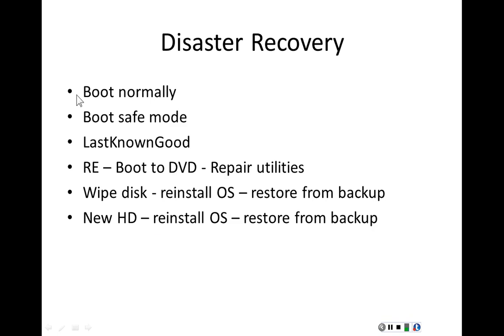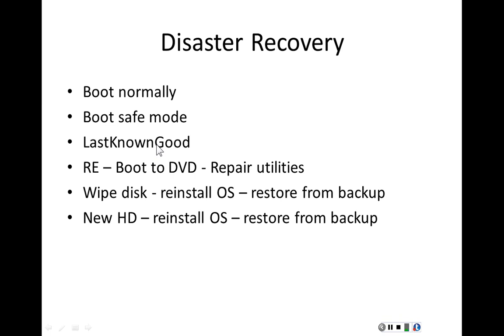So ideally, we can boot normally and then run Device Manager and driver rollback if necessary. But if we can't boot normally, we can boot to safe mode. If we can't boot to safe mode, we can try to boot to last known good.